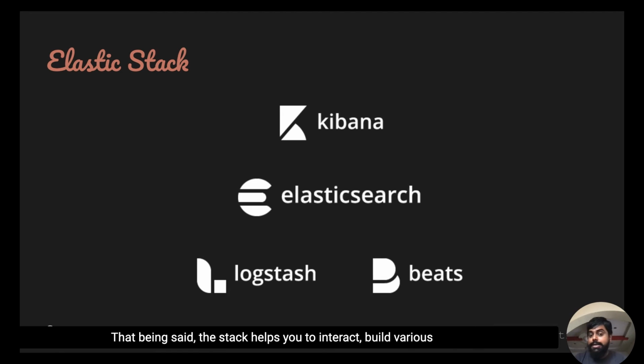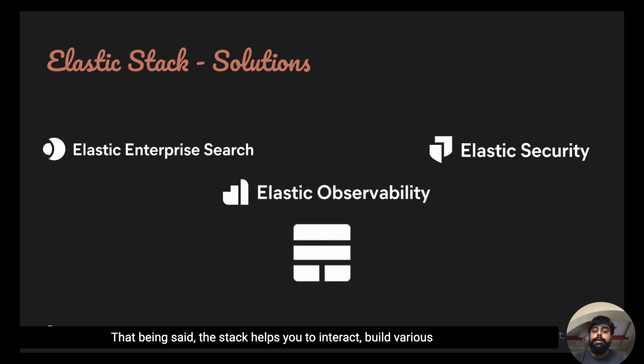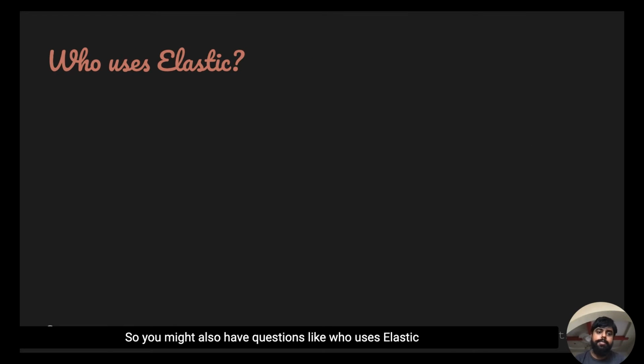The stack helps you build various solutions. Like I said previously, it could be search, DevOps-related or CI/CD observability, different sorts of observability, which we are going to talk about today, and again security, like anti-malware, threat hunting, etc.